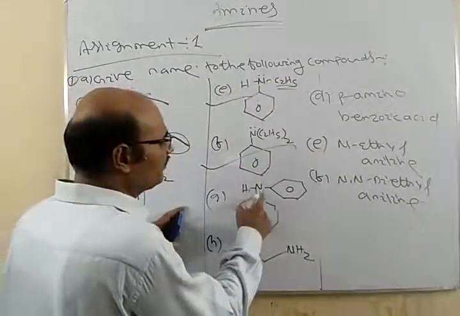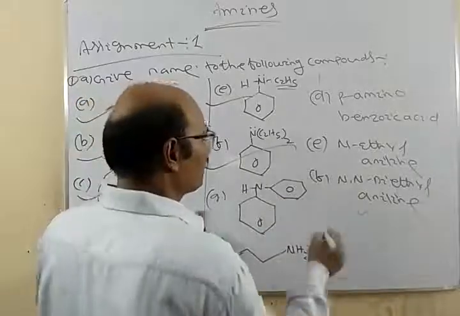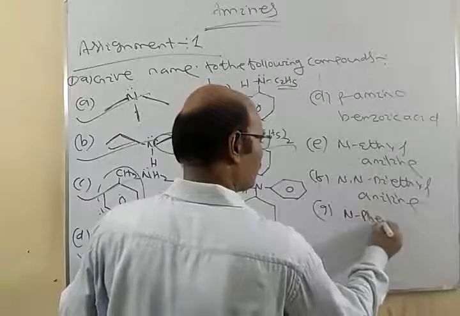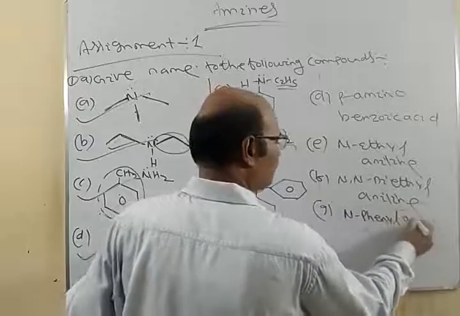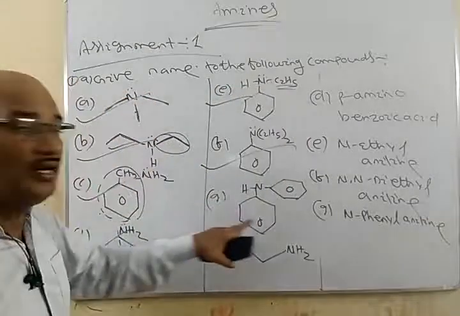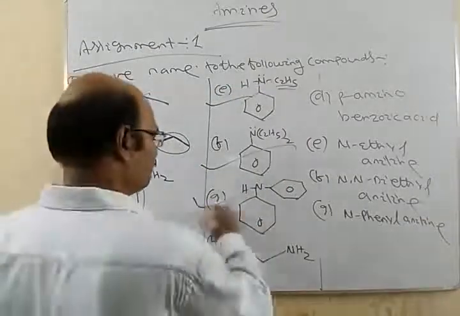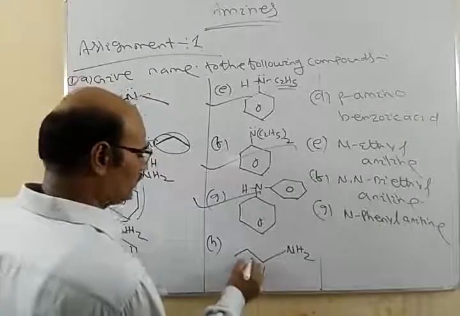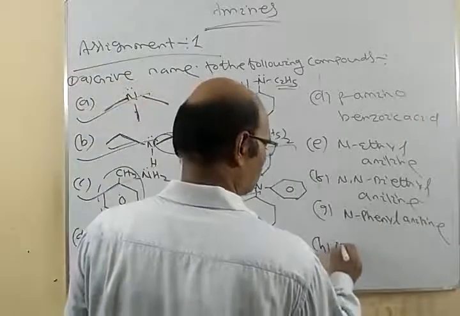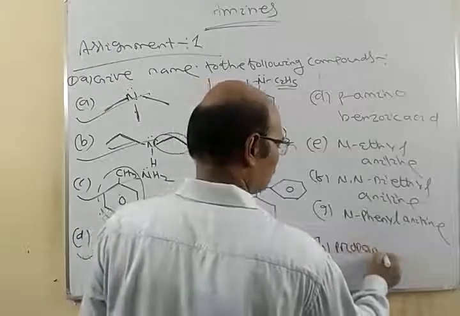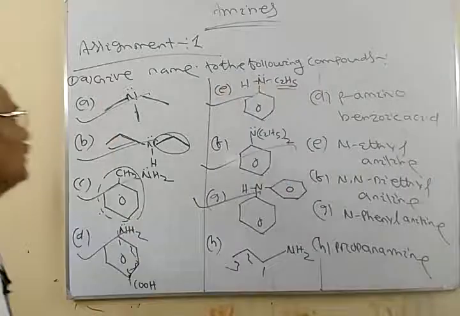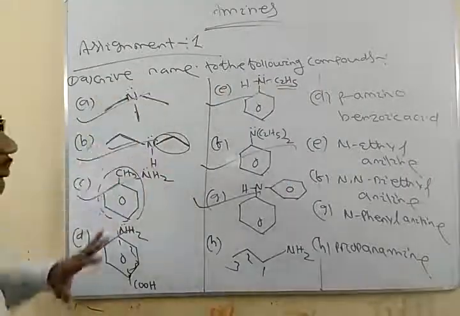To this aniline we have a phenyl group here. So what will it be? N-phenyl aniline. Okay. This is simply 1, 2, 3 propanamide. Propanamide.